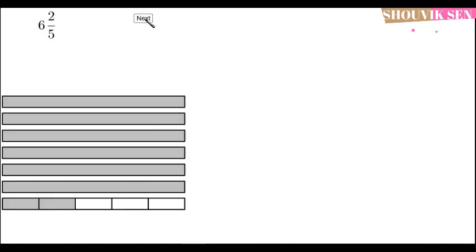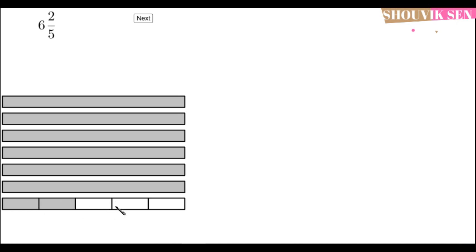Let us take some other number. Let's take 6, a bigger number, and 2/5. So the quotient is 6, the remainder is 2, and the divisor is 5. So for the 6 quotient, we have 6 blocks fully painted, and we have 1 block which has 2 blocks painted out of 5.